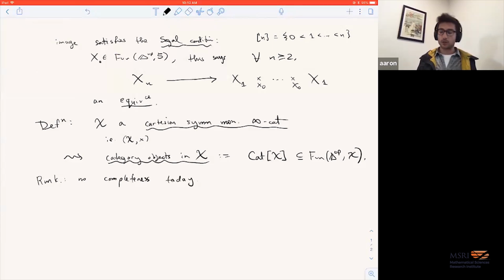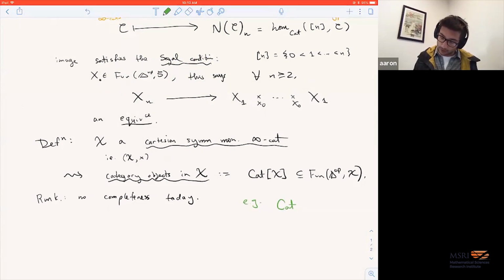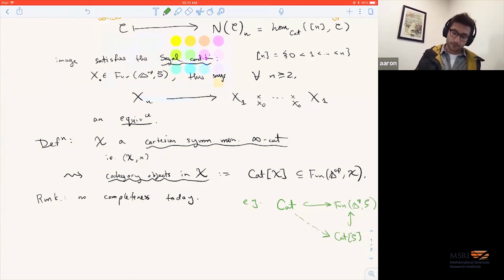So you can think of an infinity category as a category object in spaces. So infinity categories embed not just into simplicial spaces, but in fact into category objects in spaces. Okay, so that was just a brief review.